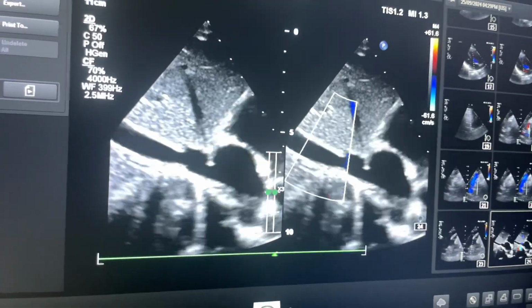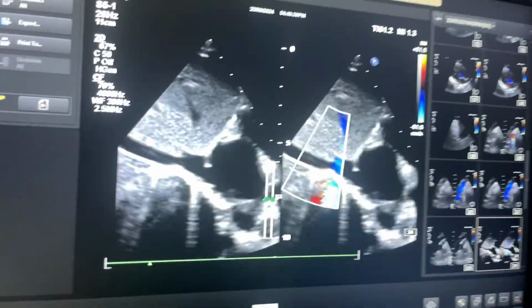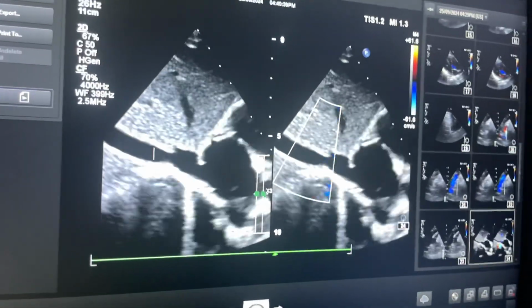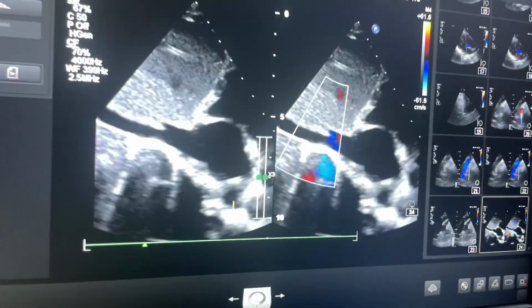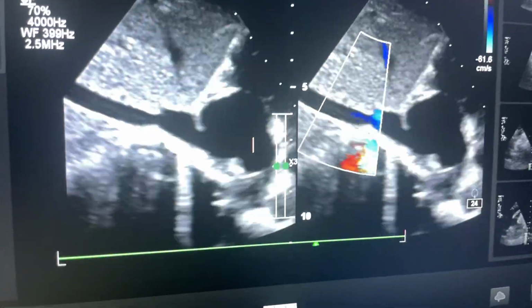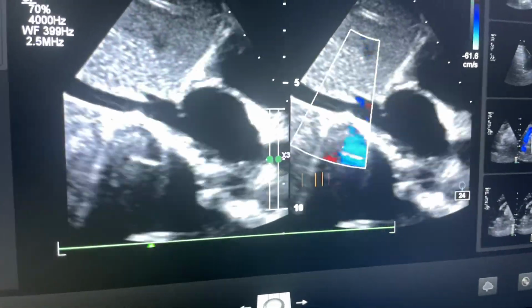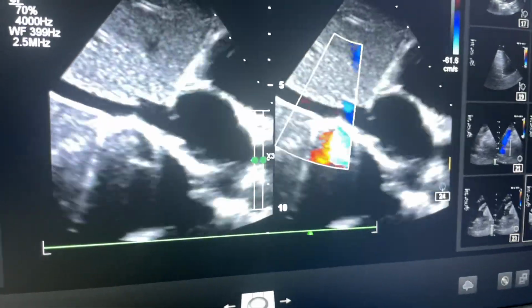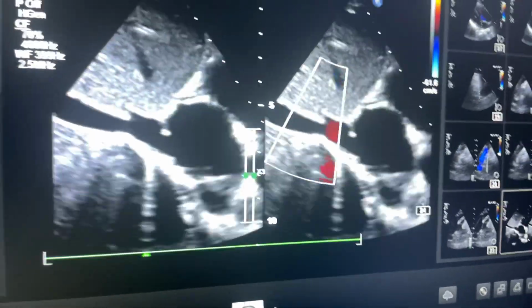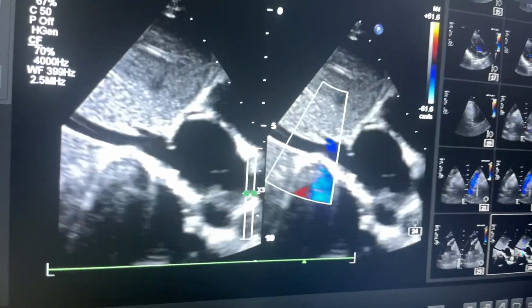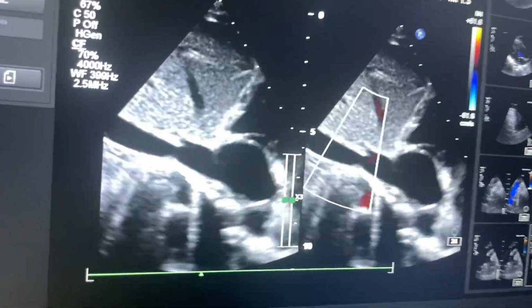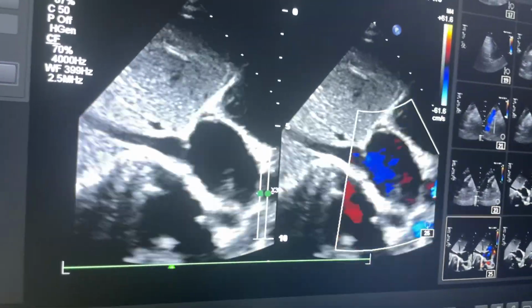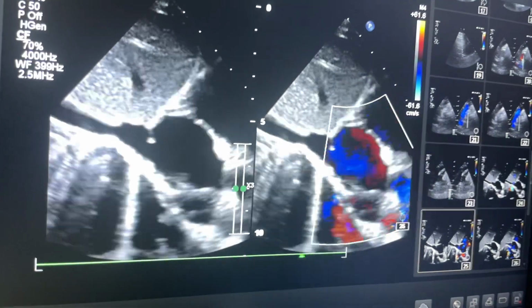In this bicaval view, this is inferior vena cava, this is left atrium, this is right atrium, and no, you cannot find out SVC connection here. You don't find any flow from SVC.